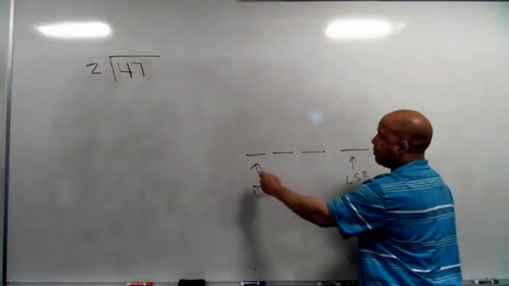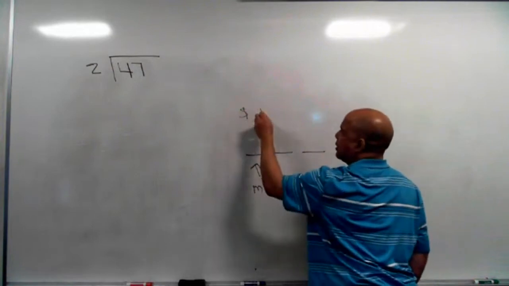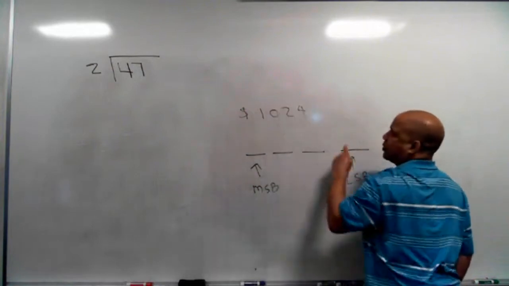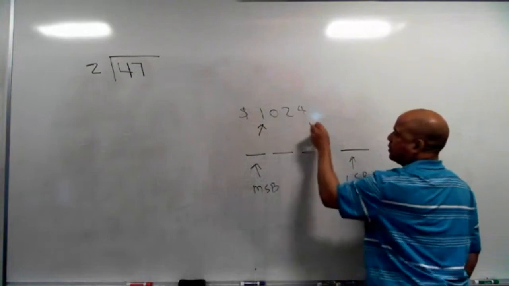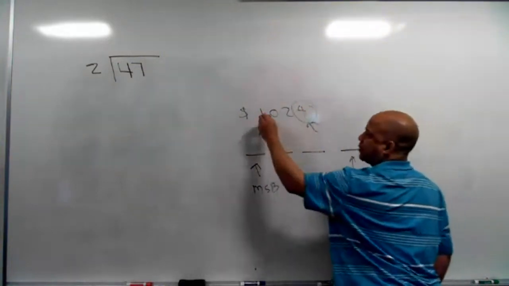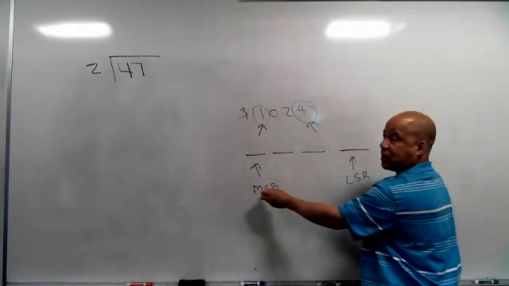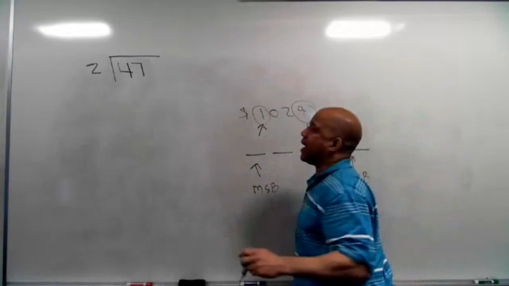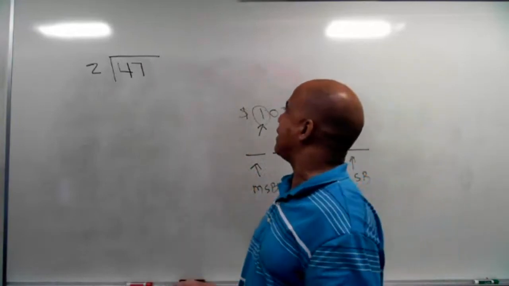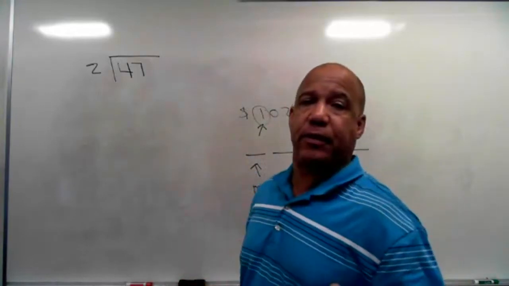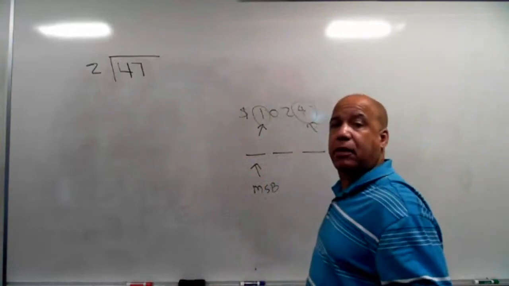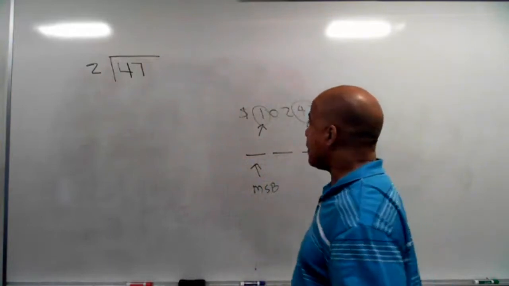This one has more value. Think about if I have $1,024, do you want to lose this end or that end? You'd rather lose $4 than $1,000. So this is your most significant bit. Keep that in mind, because when you do this repeated division method, the very first remainder you get is your LSB, your least significant bit.